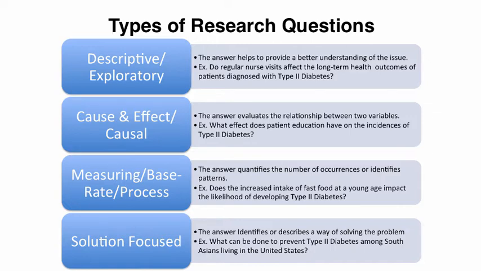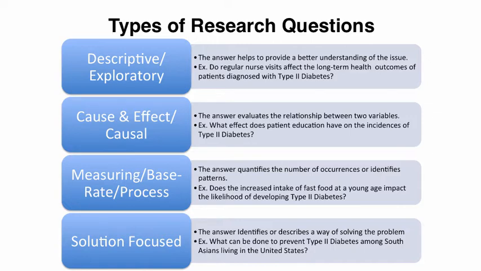The next one is measuring or base rate or process. Each one of these has different titles because each different discipline kind of has its own language. So I tried to put the most frequently used ones, but usually the words are pretty similar. You should be able to parse out which one a question is depending on what class you're taking. But measuring or base rate or process question, the answer at the end of the paper would quantify the number of occurrences or identify a pattern within the issue.